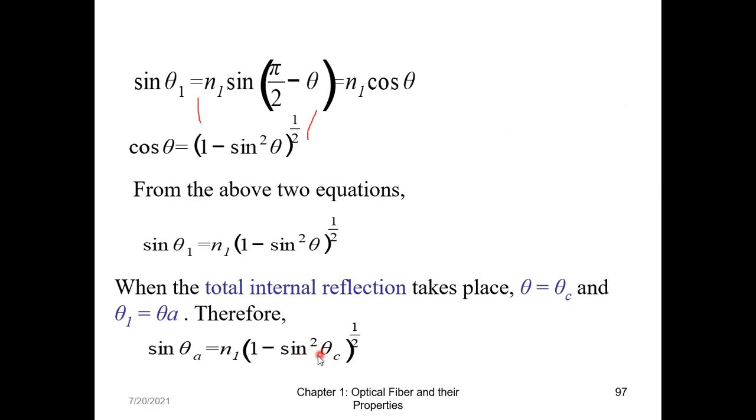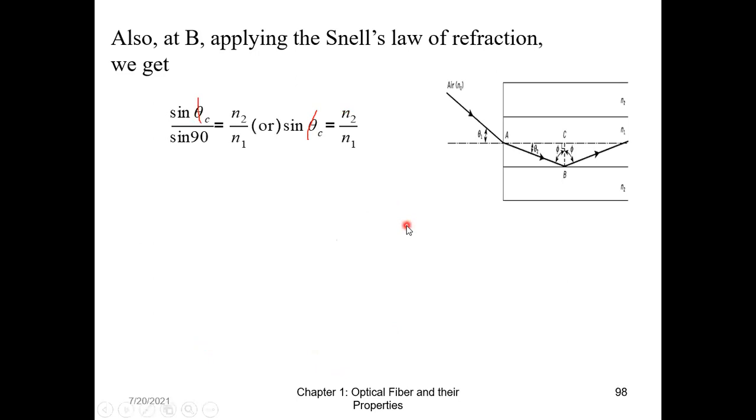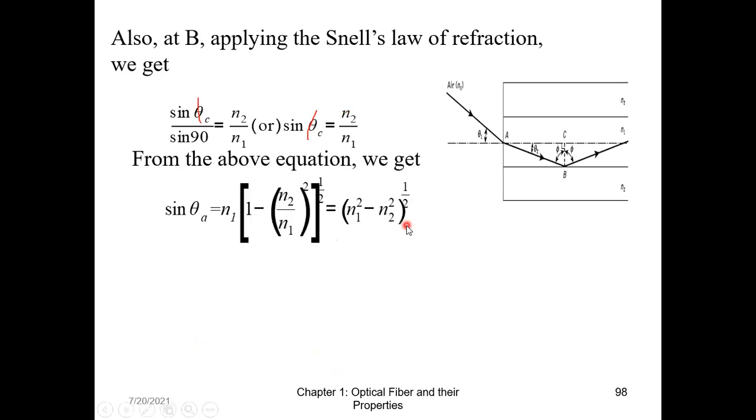I'm trying to find one more formula, so I substitute the value of sine phi c that came here. So I have sine theta A is equal to n1 square root of 1 minus the value of sine phi c, which is n2 upon n1, the whole square. If you then take the LCM and cancel the numerator and denominator, your sine theta A is equal to square root of n1 square minus n2 square. This is the second formula you have.